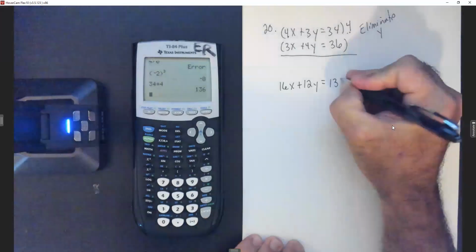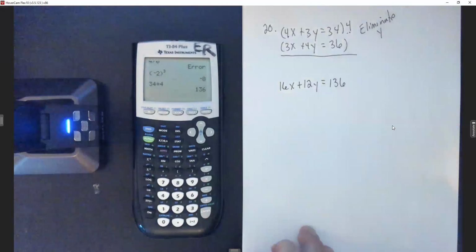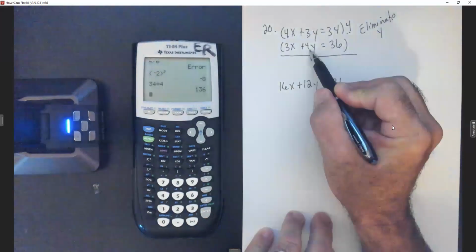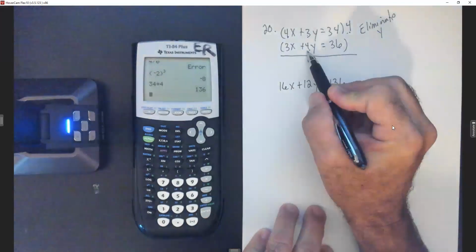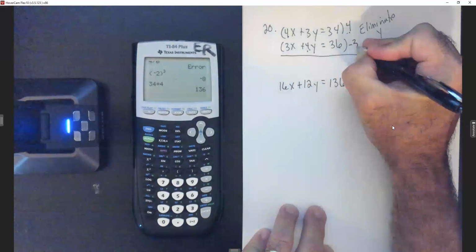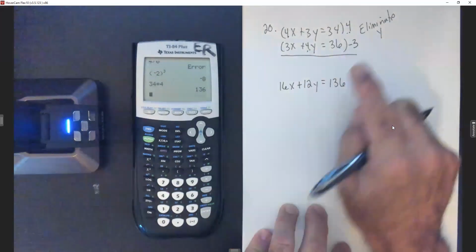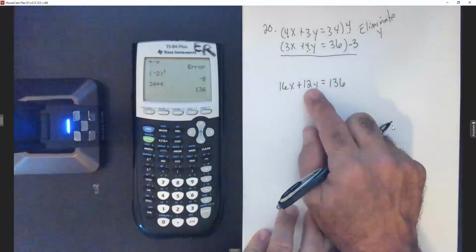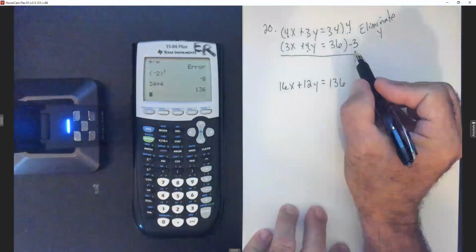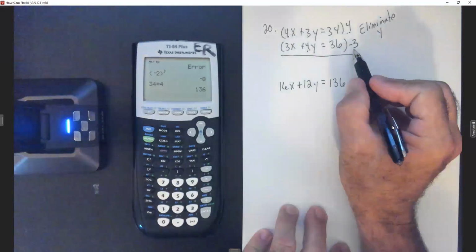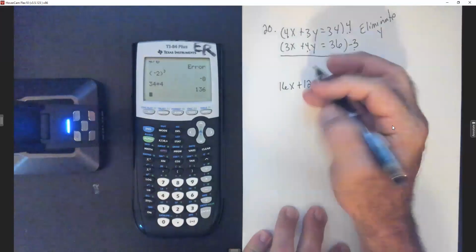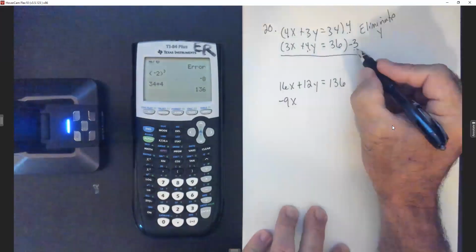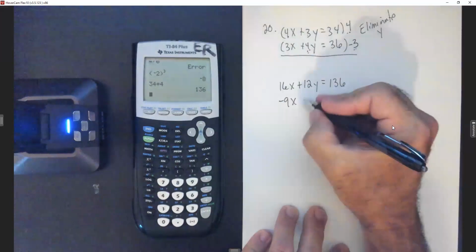Now, this one has to be a negative 12y. So since it's a positive 4, I'm going to multiply everybody by a negative 3. Because remember, one of the y's has to be positive, one has to be negative. So let's see what the negative 3 does. Negative 3 times 3 is a negative 9x. Negative 3 times 4 is a negative 12y.